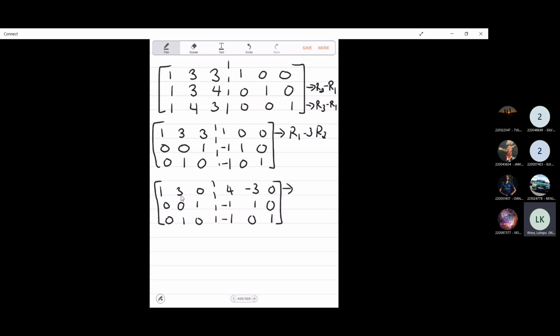So row 1 minus 3 times row 3. And then I also want to interchange row 2 and row 3.